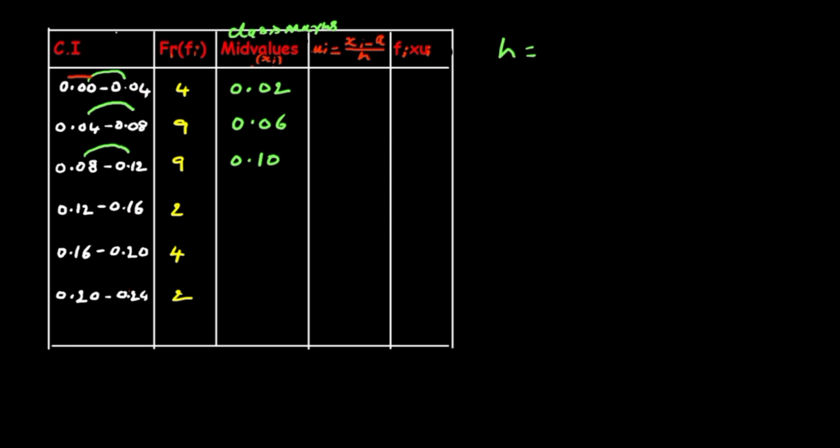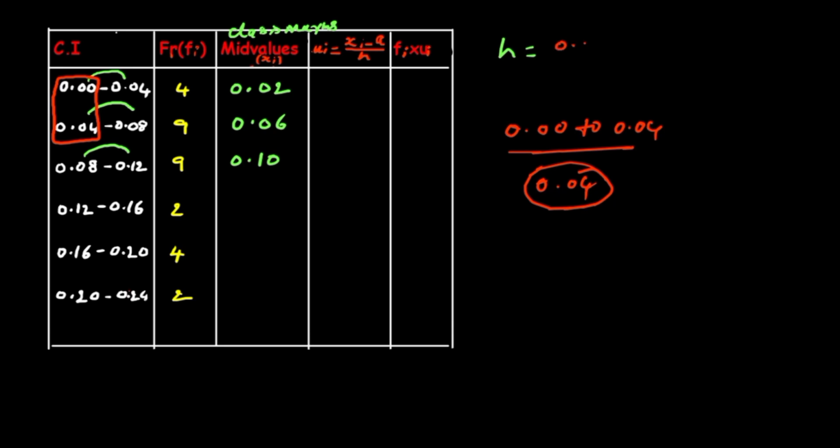Class size is the difference between either the lower limits, or you can take the upper limit difference also. Here the difference between the lower limits, from 0.02 to 0.06, that is 0.04. This is called the class size. So the class size is 0.04.